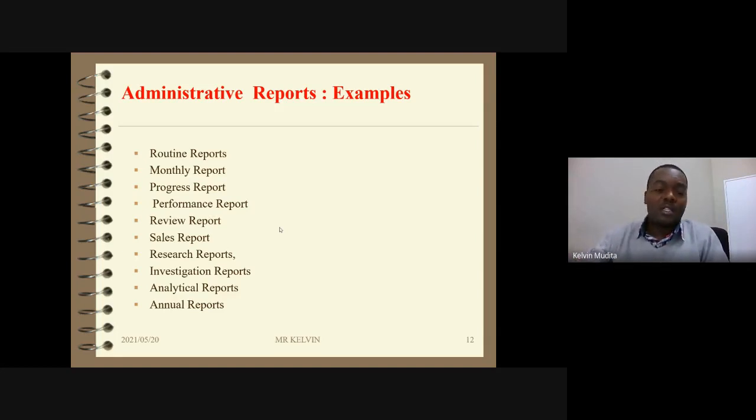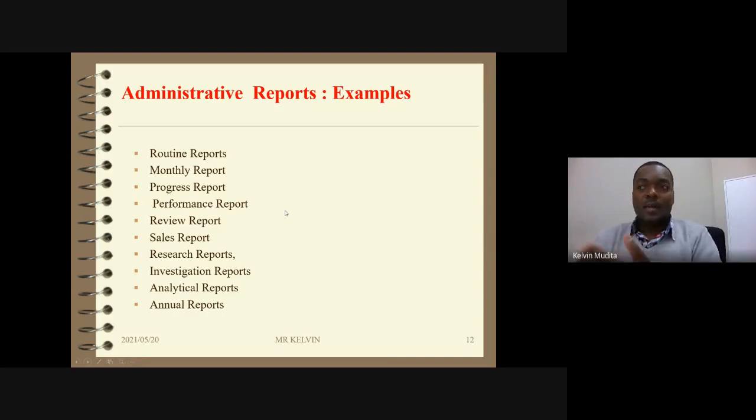There are reports that look at the admin part of the organization. So all these types of reports, by the end of this program, each one of you should be able to compile, so that when you go deeper into administration, you are a self-starter.